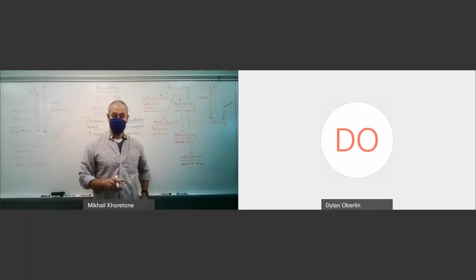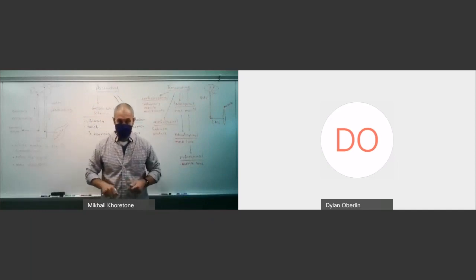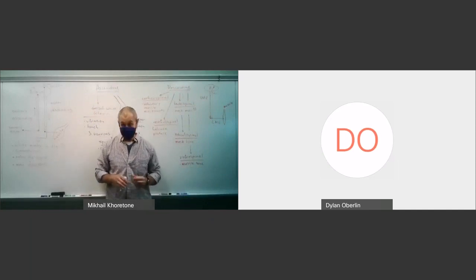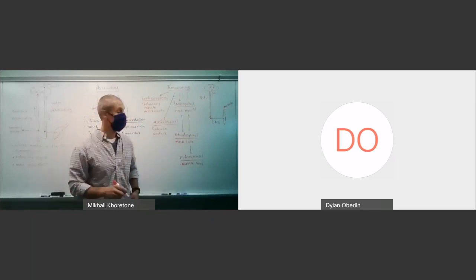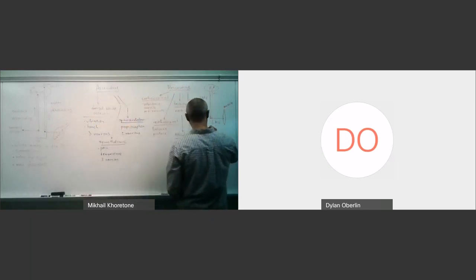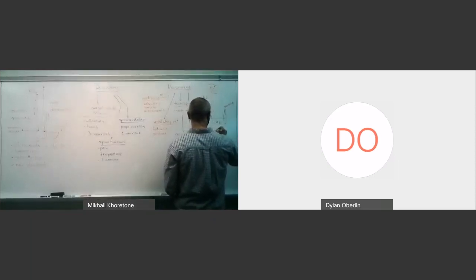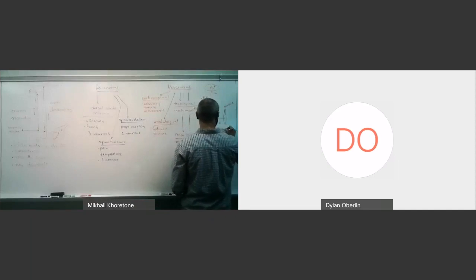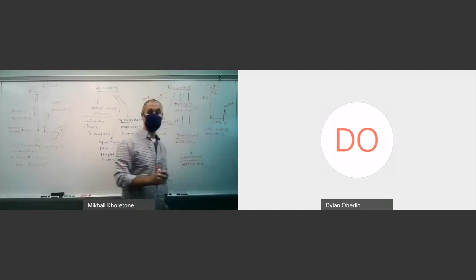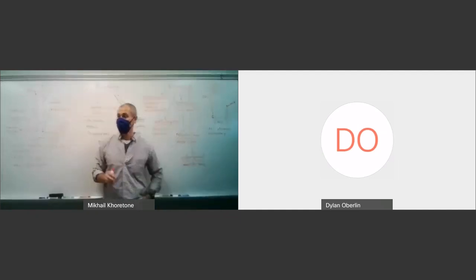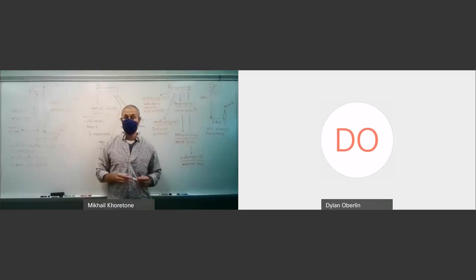Now we're gonna discuss a really important concept. Lower motor neurons are always excitatory. What does that mean?